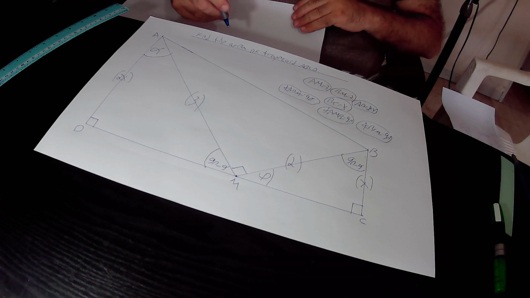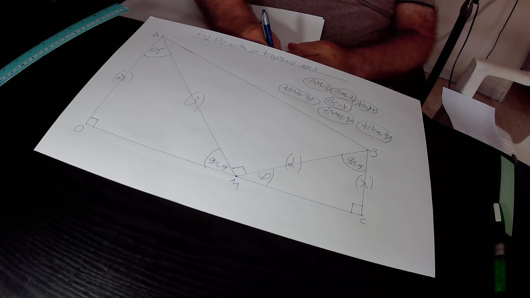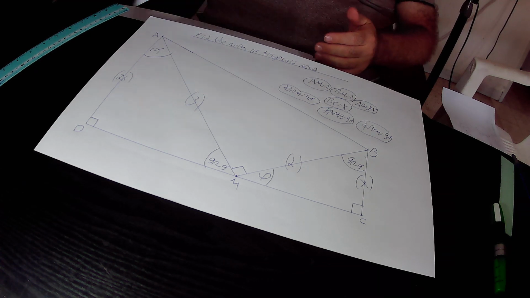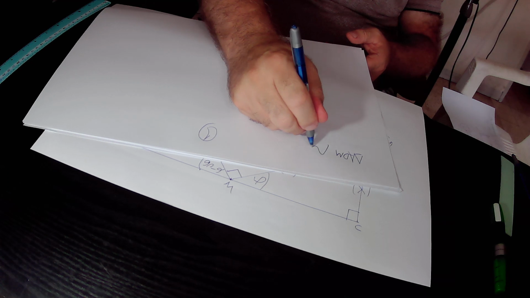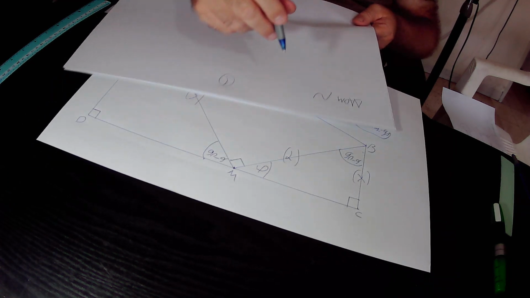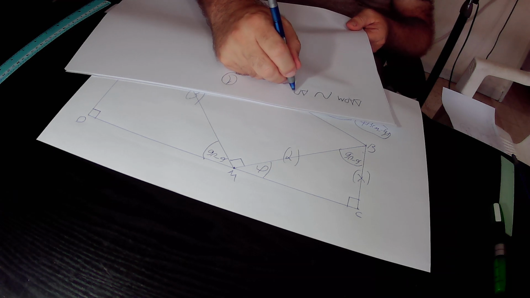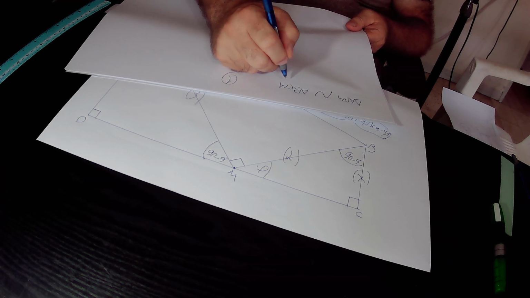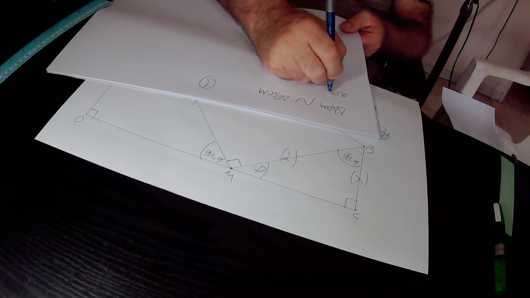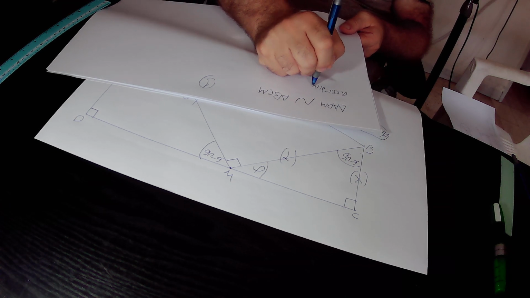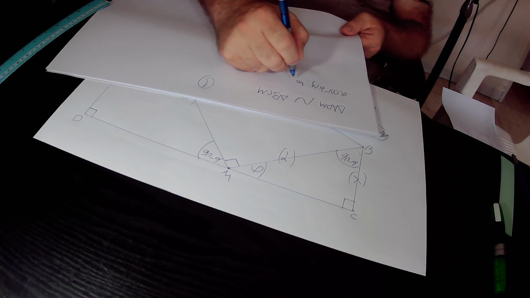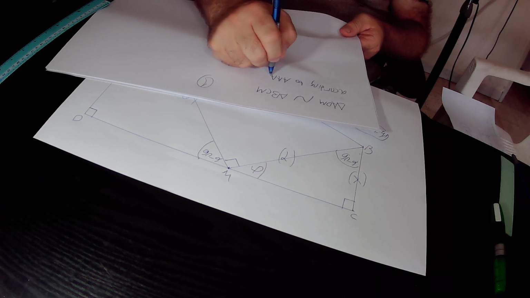So I write it down. The big right triangle ADM is similar to the small right triangle BCM according to the angle similarity rule.